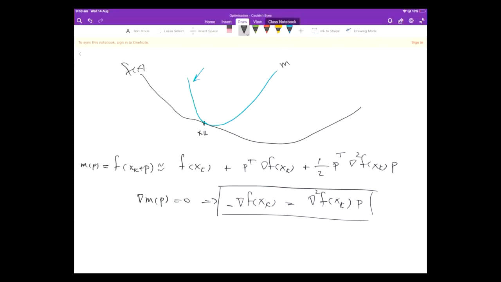So what does the Newton step try to do in every iteration? What does this equation try to show?